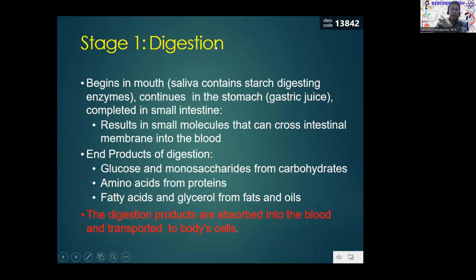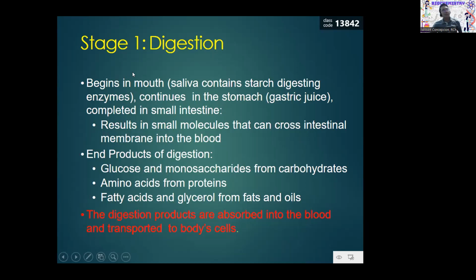After that, during digestion, it will also pass through our small intestine where bile and some lipase from our liver will digest the lipids or the fats in our body.